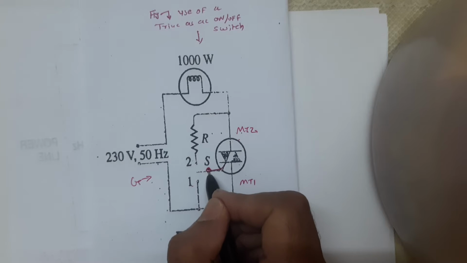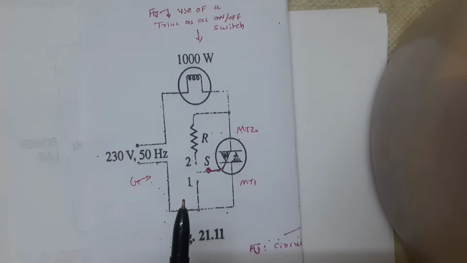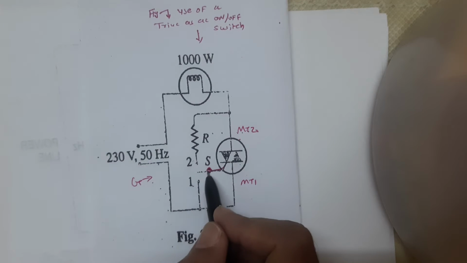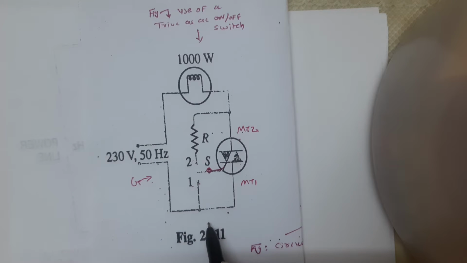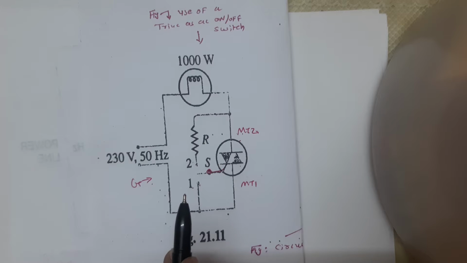When the switch S is thrown to position 1, the triac is cut off and the output power of the lamp is 0, because here there is a ground line. It is switched off.